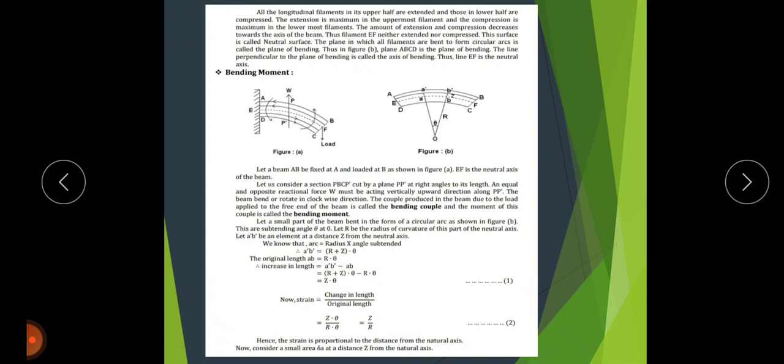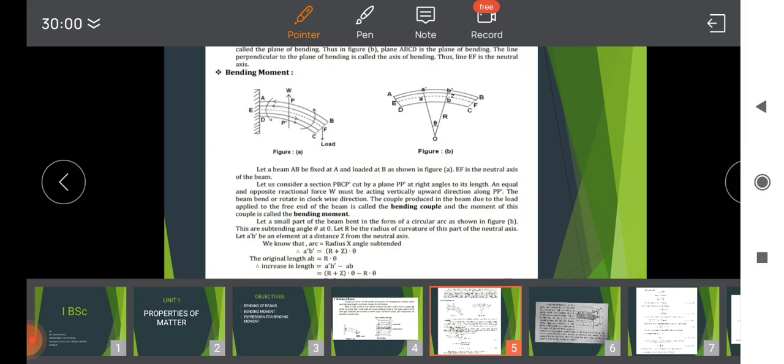Next, we know that arc is equal to the product of the radius and the angle subtended. Here arc A dash B dash is equal to R plus z.